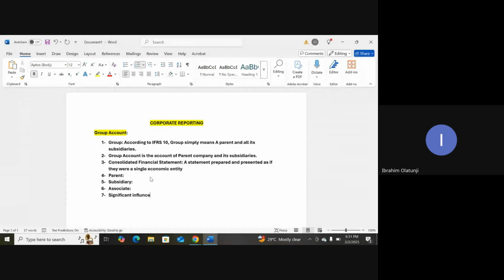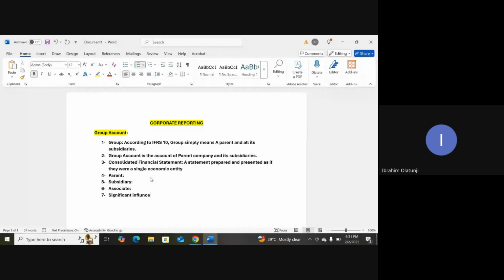Significant influence is the power. And what will that power give to you? It means that significant influence is the power to participate in the financial and operating policy decision.